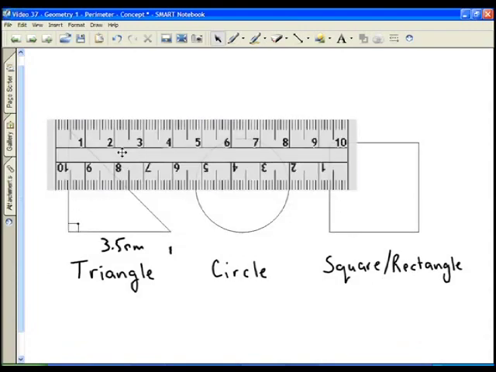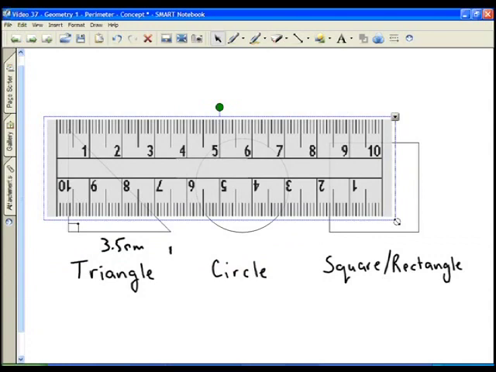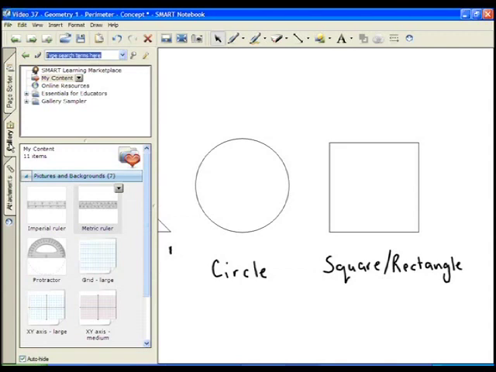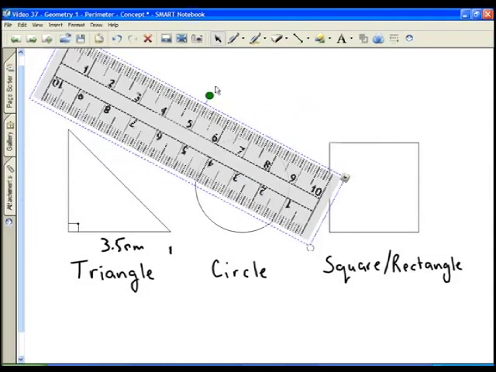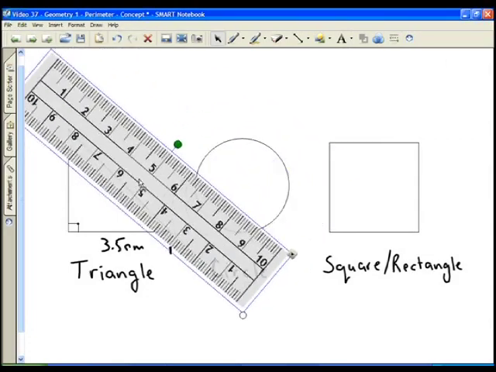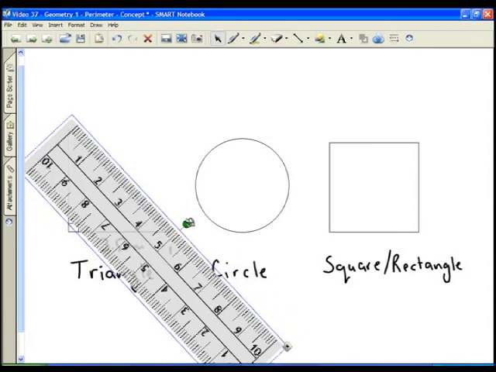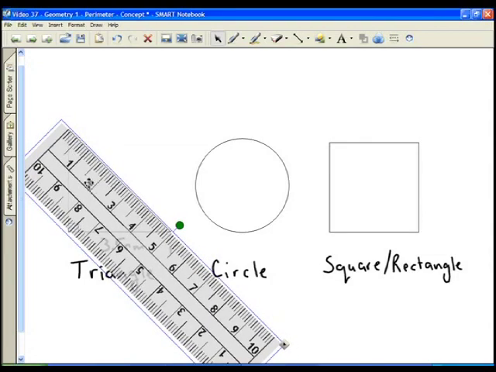And now we'll measure the other side. And what I'm going to do for that is I'm going to have to sort of angle my ruler so that it matches this side, and that's not too bad.